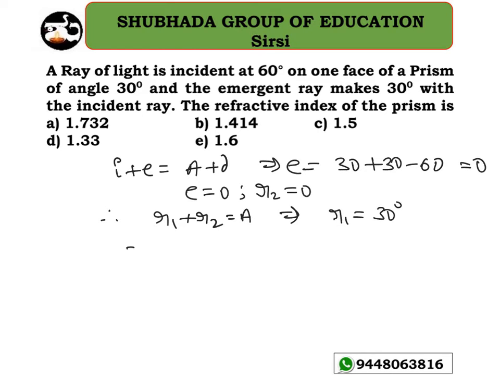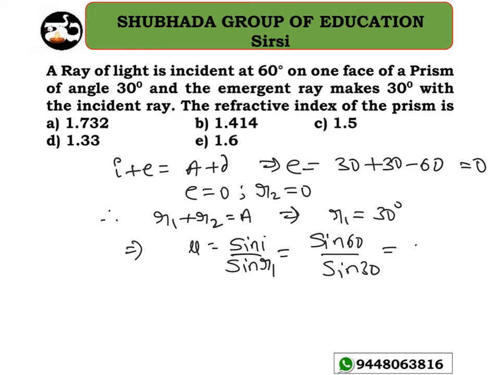Okay, so let me use Snell's law again: mu equal to sine i divided by sine r1. So it is equal to sine 60 divided by sine 30. It is equal to how much? It is root 3.